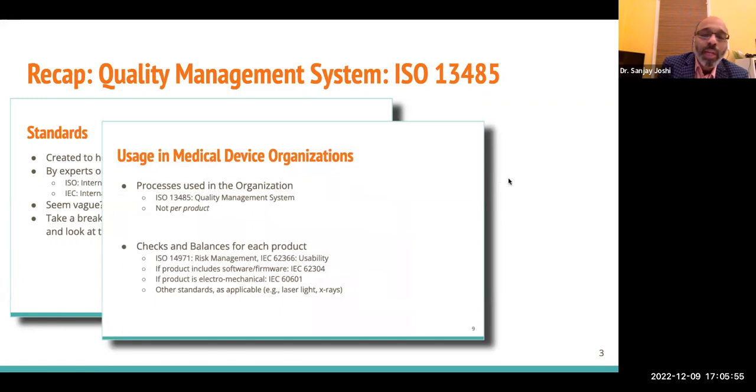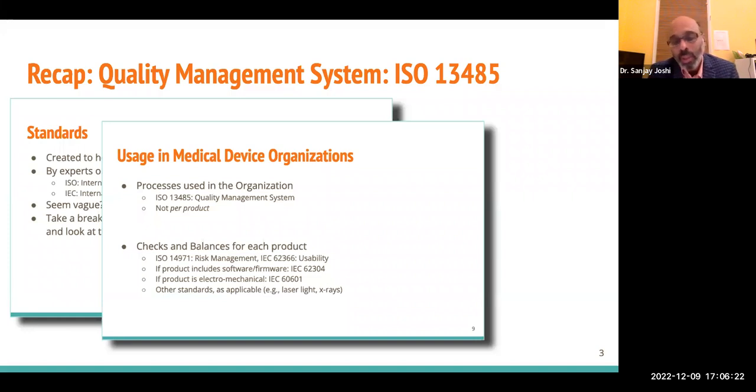So there are two kinds of standards that are used in medical device organizations. The first one is about the process that is used across the organization. This is not per product, and that was the 13485 system that we covered last time. Now, based on the products that you have, different standards apply. Almost all medical devices will definitely use the two that we are going to talk about today, risk management and usability.